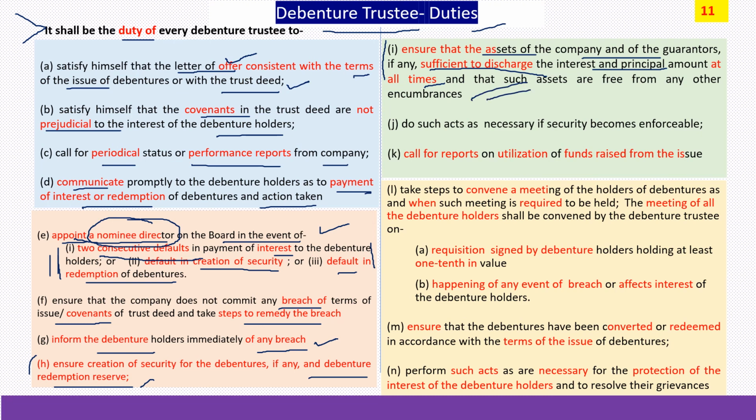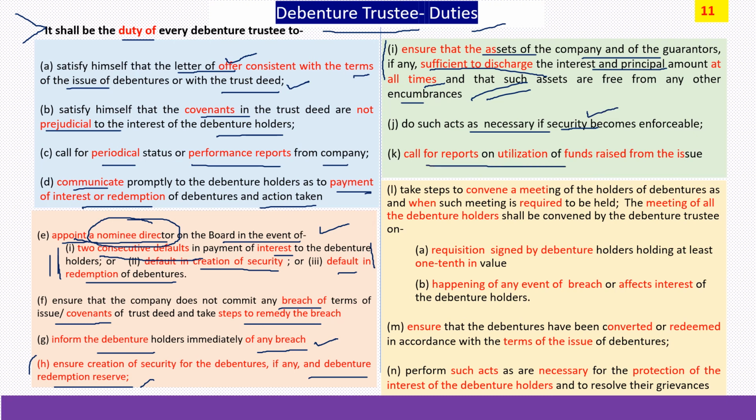They are free from any other encumbrances. His duties are so much that he has to do things as necessary to protect the interest and guard the security received by them.